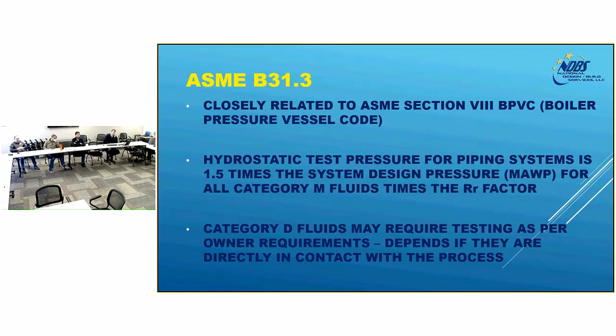Again, it's closely related to the Section 8 Boiler Pressure Vessel Code. What you find is the hydrostatic testing is 1.5 times the MAWP, which is defined by the engineer designing the job, times the R sub R factor for category influence.